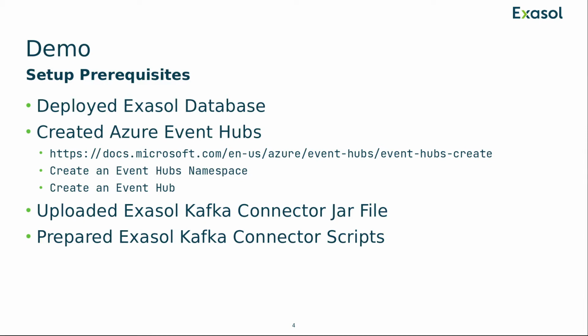Also, please keep in mind to choose standard or premium pricing when creating an event hub. There is also basic pricing tier, but at the time of this recording, it does not support Apache Kafka API. Similarly, as we did before, I have uploaded and prepared the Exasol Kafka connector. Now let us send some records to Event Hubs and import them into Exasol table.